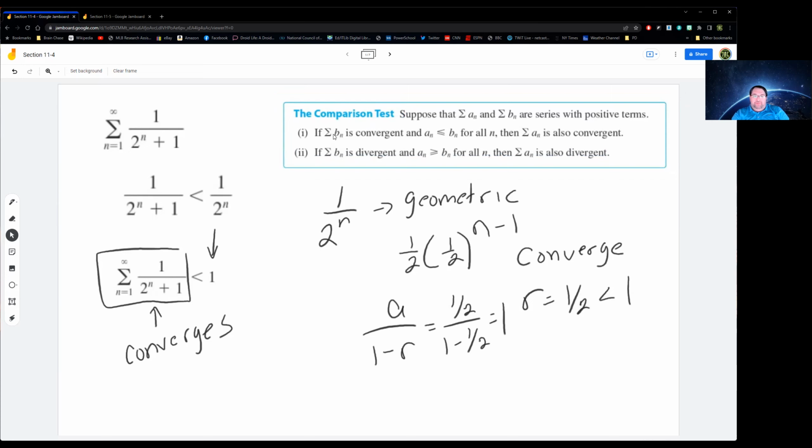It says if B sub n, the thing I'm comparing it to, is convergent, and the thing that I want is always less than that, then A sub n is also convergent. The other way is if B sub n is divergent, and what I'm looking at is always greater than that, then A sub n is also divergent.